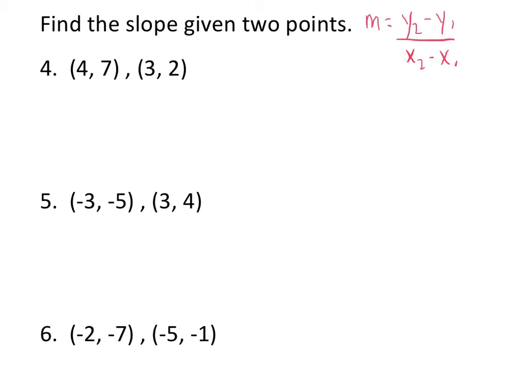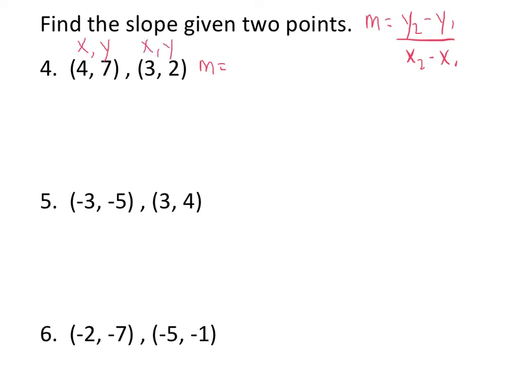Okay, again, it doesn't matter which order you go in for your y's when you're subtracting, as long as you go in the same order with your x's. So if I'm going to find the slope between these 2 points, I'm going to start with the point that is on the left. So this point on the left is x comma y. The point on the right is x comma y also.